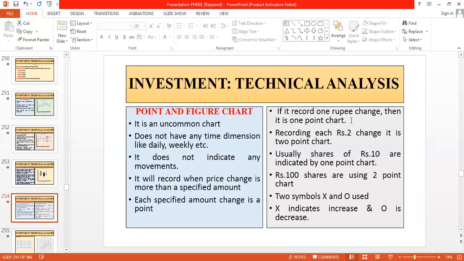And if there is a 1 rupee increase, then each increase will be indicated by 1 cross. So if there is a 2 rupee change, there will be 2 crosses, which will appear vertically. Now let us move to the next diagram, which will make the entire idea clear.